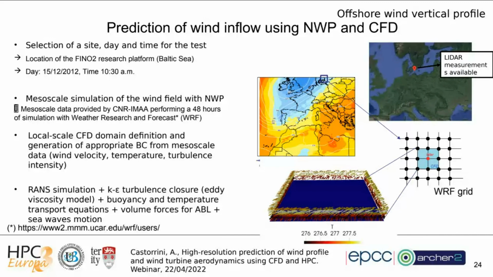A little overview of the method. It's a method that we developed in the last years. Basically, we select a site to generate the wind condition. In this particular case, we selected the site of installation of a research platform called the ARCHER2, and a particular day of measurement for the test and a particular time.